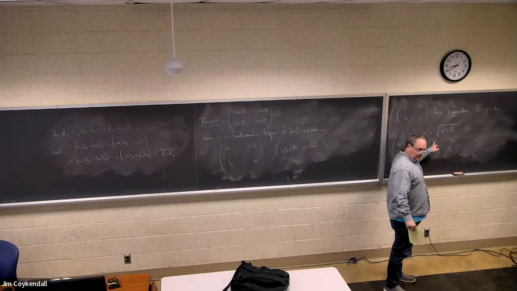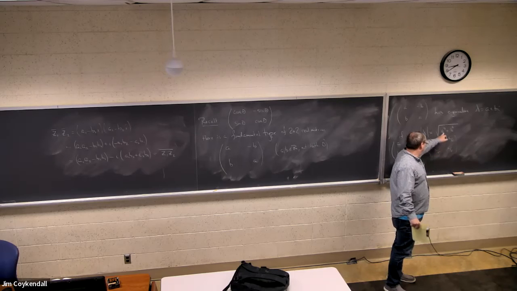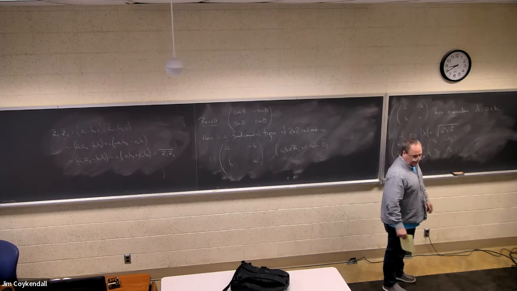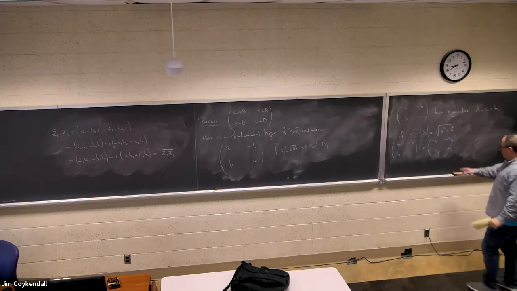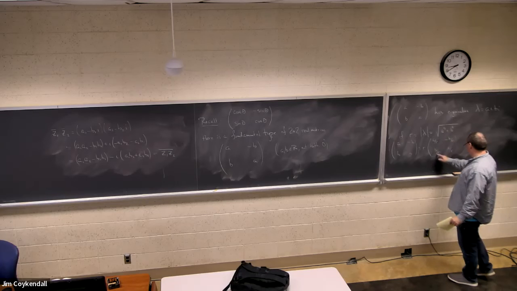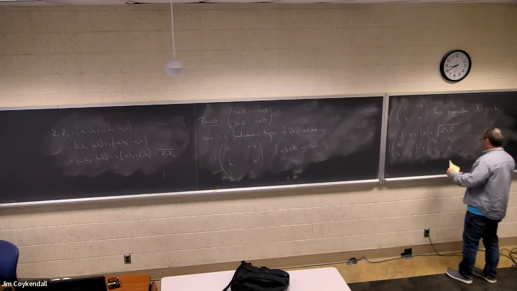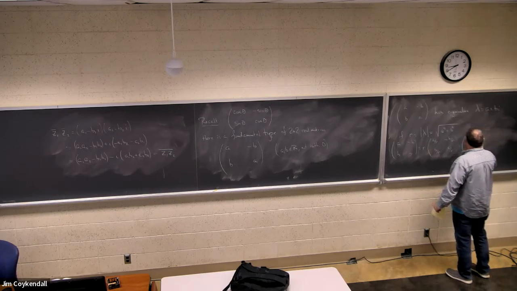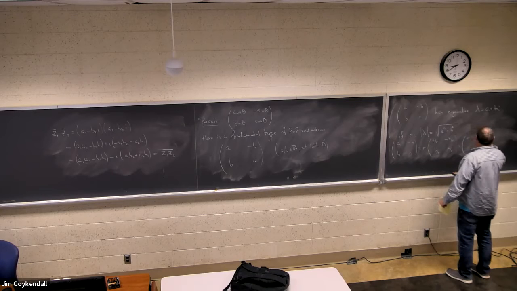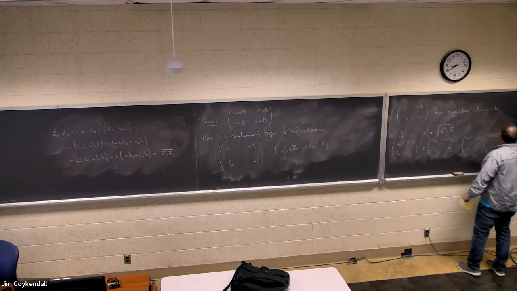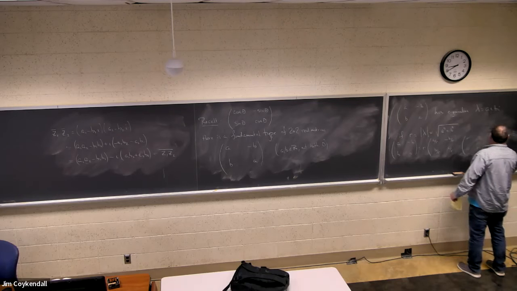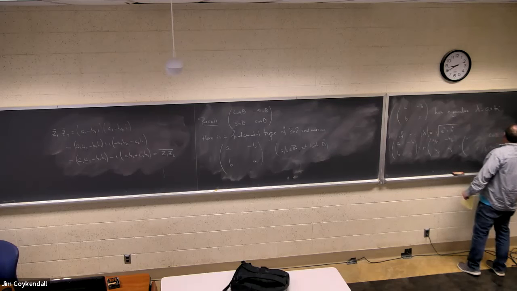Because if you square this, you get A squared over R squared plus B squared over R squared. So you get A squared plus B squared over R squared, but A squared plus B squared equals R squared. And so this is actually a matrix that looks like cosine, minus sine, sine, cosine. Take this out a little bit further here. This is actually cosine theta, minus sine theta, sine theta, cosine theta.